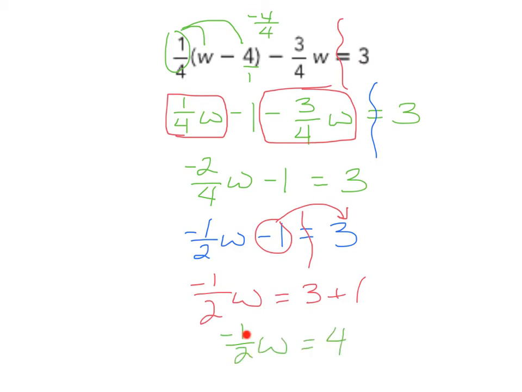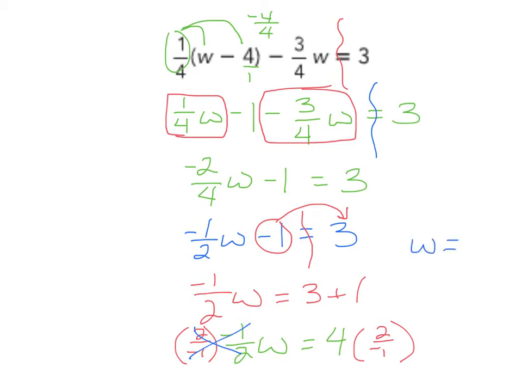So the question is, how do we get rid of this negative 1/2? So remember, to get rid of a fraction, you multiply by the reciprocal. So we're going to multiply both sides by 2 over negative 1. On the left, those cancel. You're left with w. I'm going to write it up here. w equals.